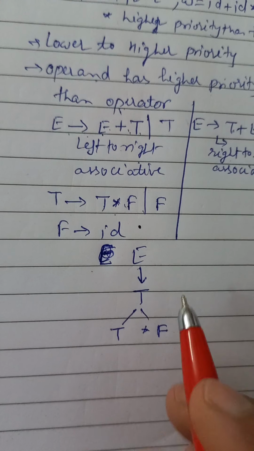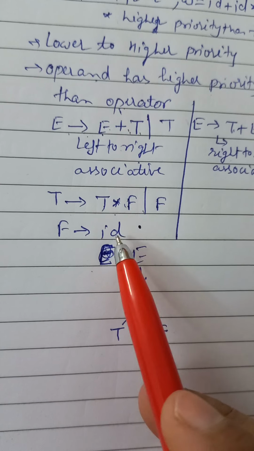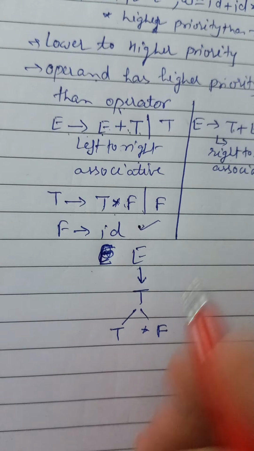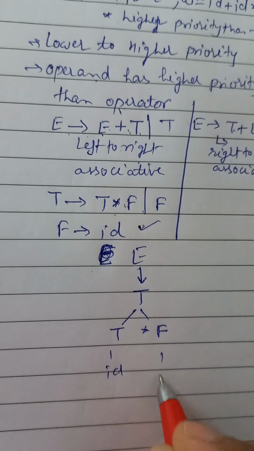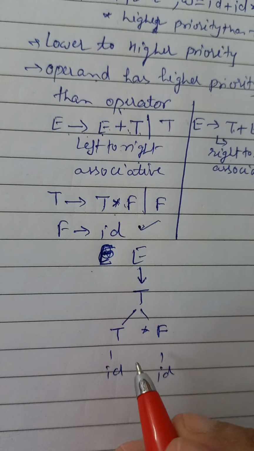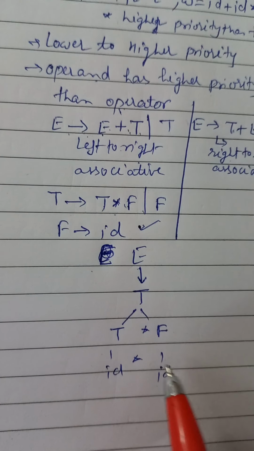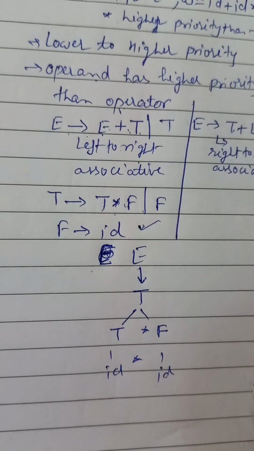And for F we have the production F tends to id. So we can take id and id. So here we can get id star id only.